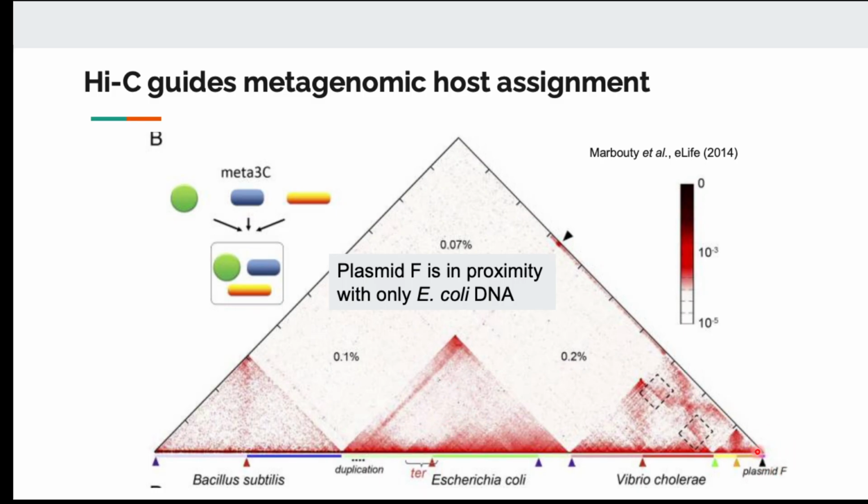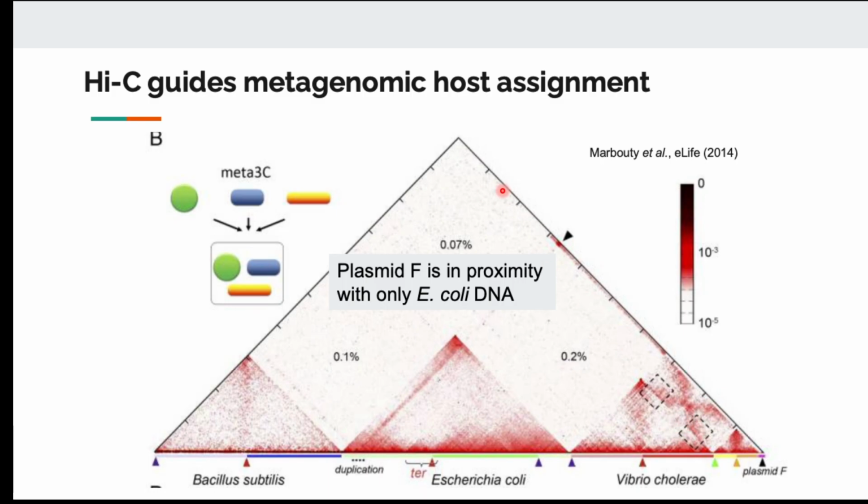And for a small plasmid, you can even tell that this plasmid is probably from E. coli, because you see 3D proximity between plasmid F and the E. coli genomes, but not with Vibrio and not with Bacillus.